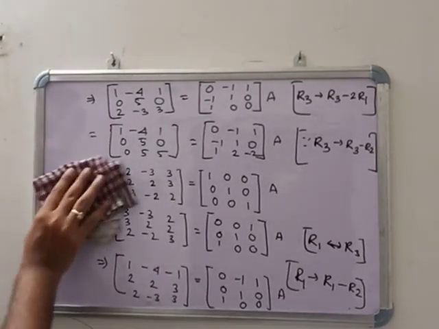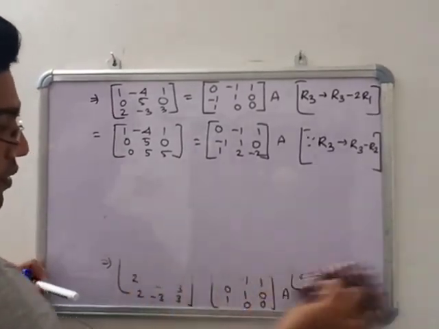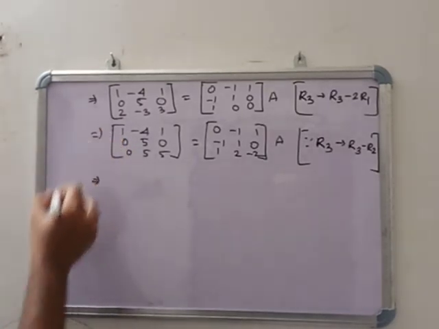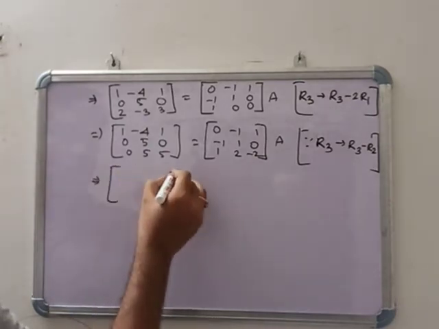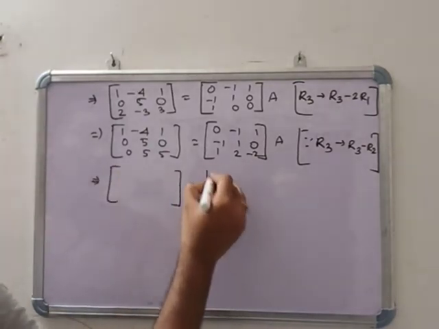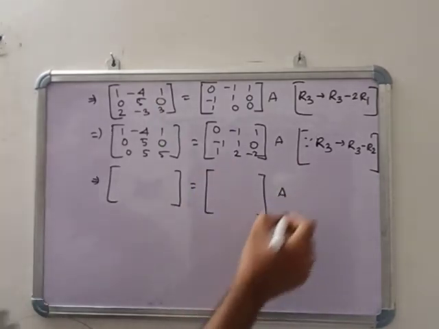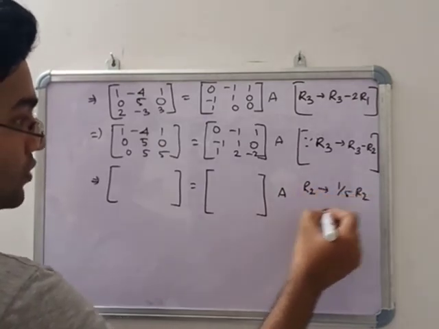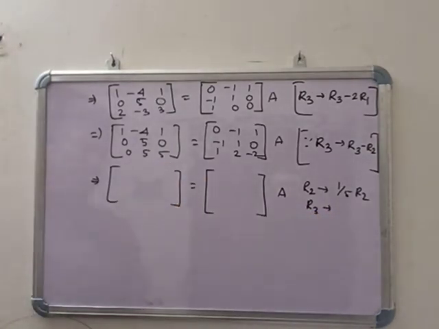Now that implies 1 by 5 R2 and similarly 1 by 5 R3.